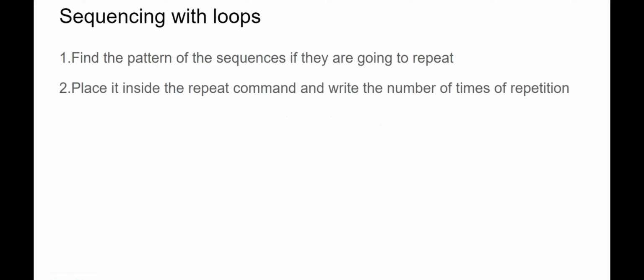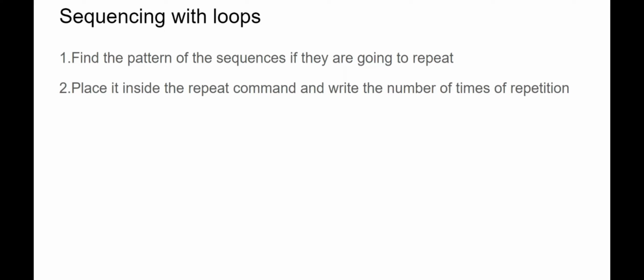Now let us see a short recap of what we saw in today's class. Today we saw sequencing with loops. In order to do sequencing with loops, first of all, in the puzzle, we need to find the pattern of the sequences.